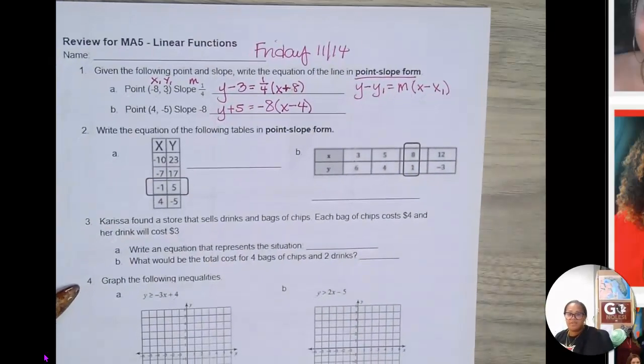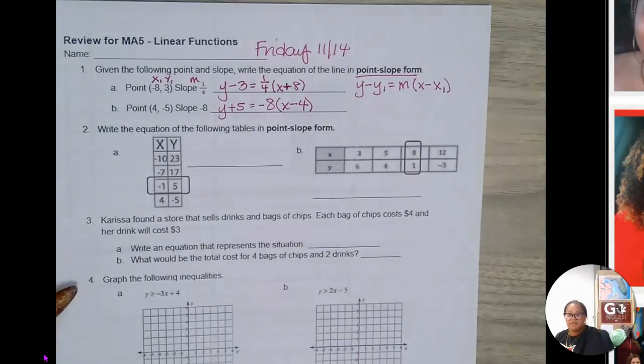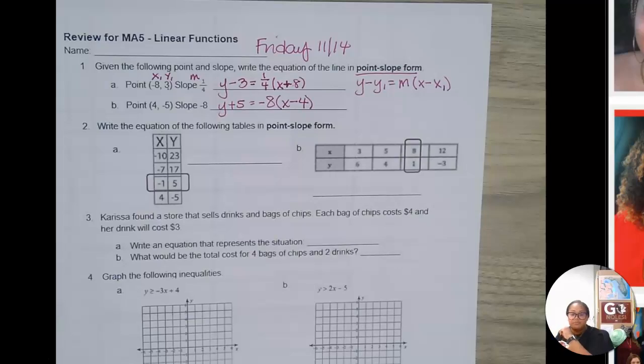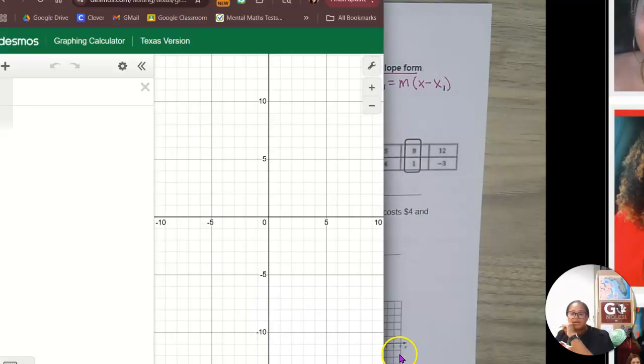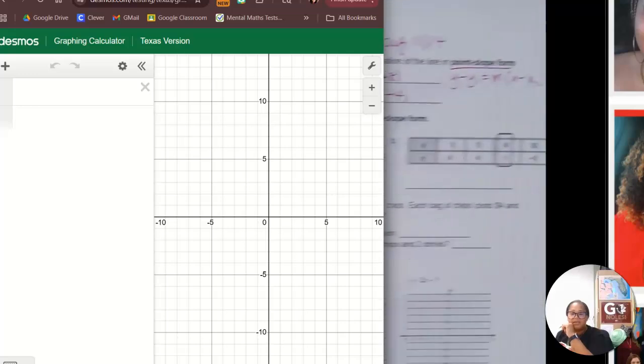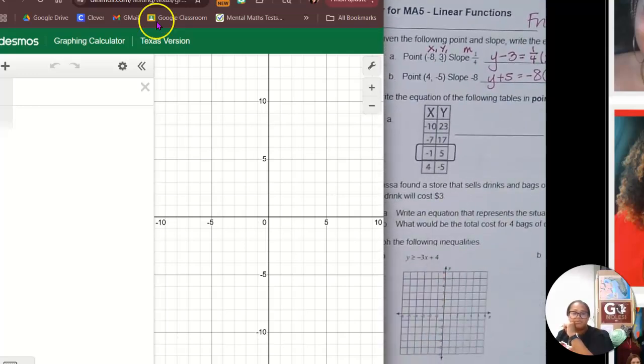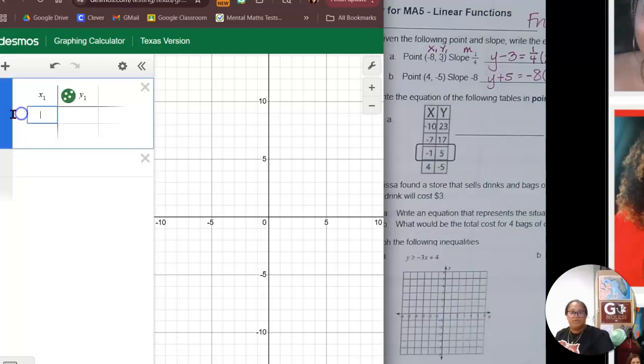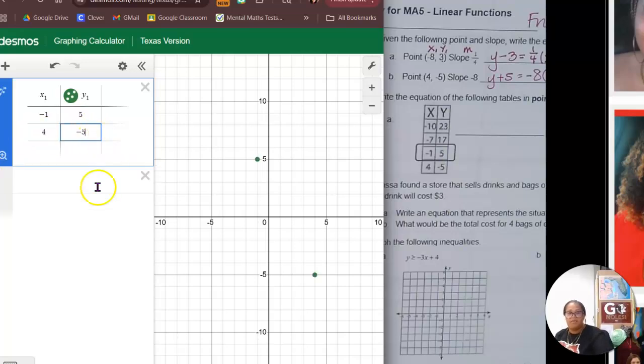Now the same thing, it says write the equation of the following tables in point slope form. With these tables I must go to Desmos to find the slope because it's not given to me. So I'll type in my table. I will use negative 1, 5, 4, negative 5.